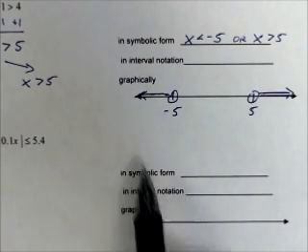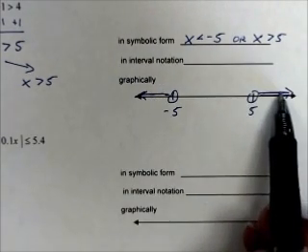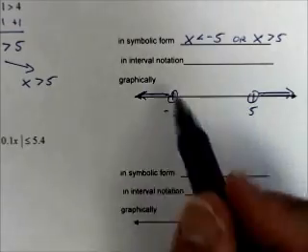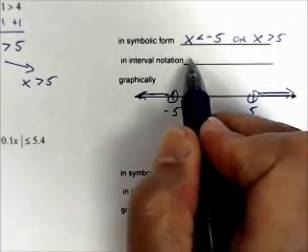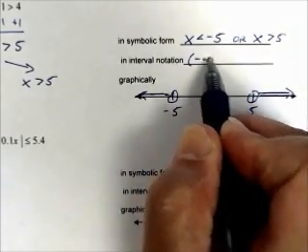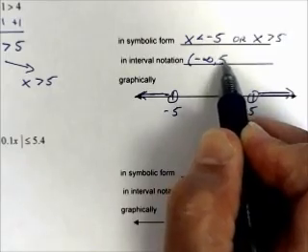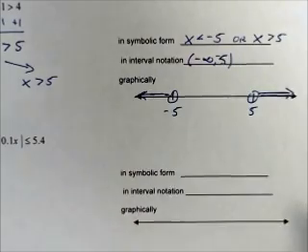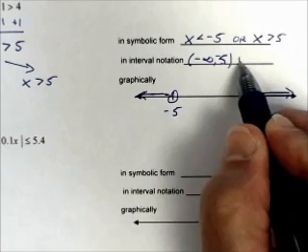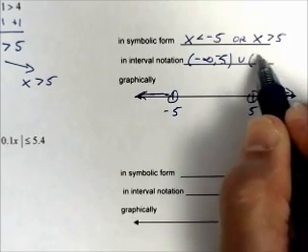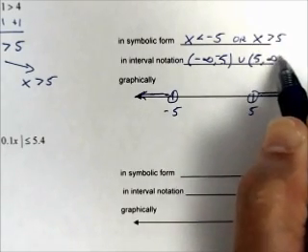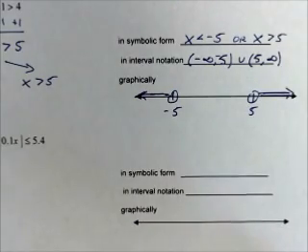Interval notation, we have 2 shaded portions. So our interval notation, parentheses negative infinity to negative 5, parentheses, union with, parentheses 5 to infinity, close parentheses.